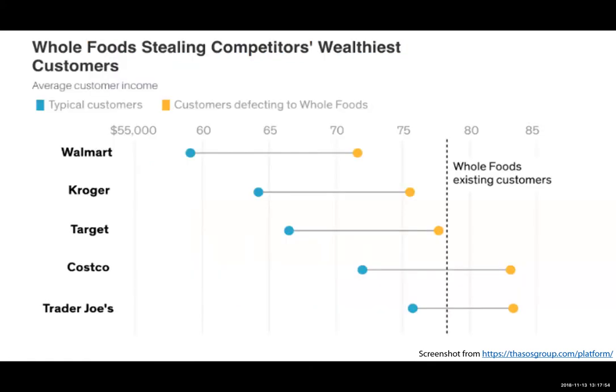Here's another slide from that same case study. Whole Foods stealing competitors' wealthiest customers. Here we see that this company, Thesos, is able to not only know the amount of foot traffic, but they must be correlating other data because they're able to say, well, the typical Walmart customer makes just shy of $60,000 a year, but the Walmart customers that are defecting to Whole Foods are the ones that make over $70,000 a year.